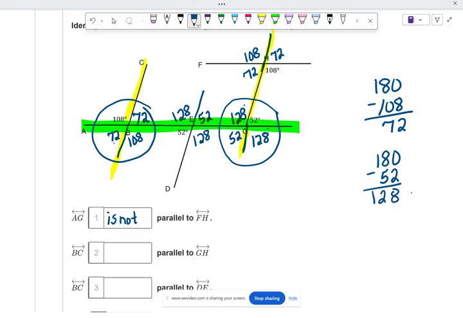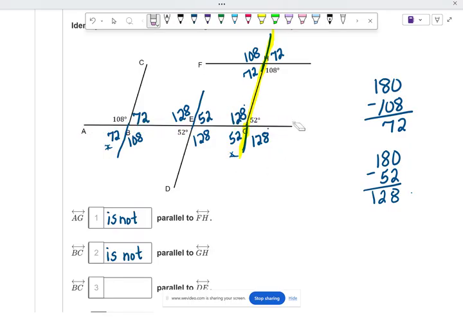Nope. These are 72s and 108s. These are 52s and 128s. So this one would be is not. I'm not feeling so good because I haven't gotten a yes yet, but sometimes they're tricky like that. So let's keep going.